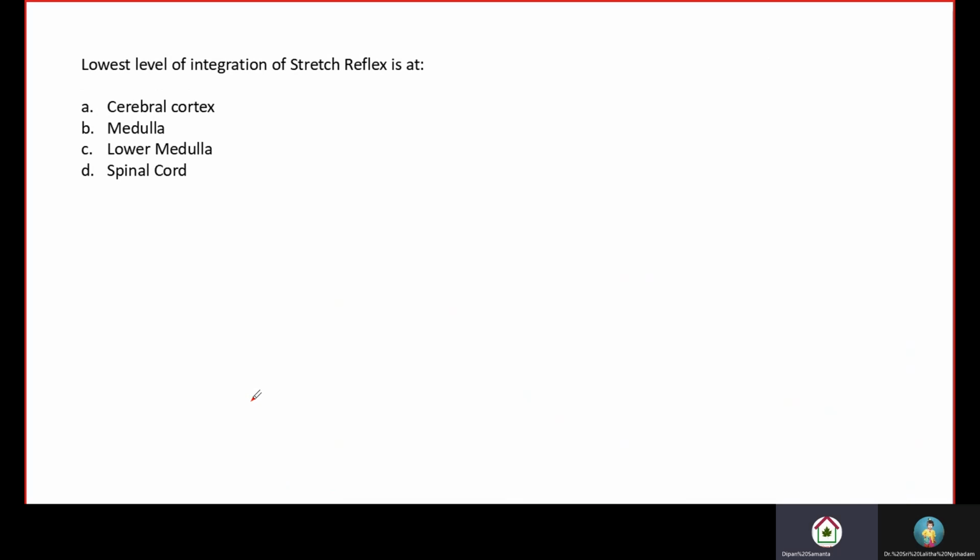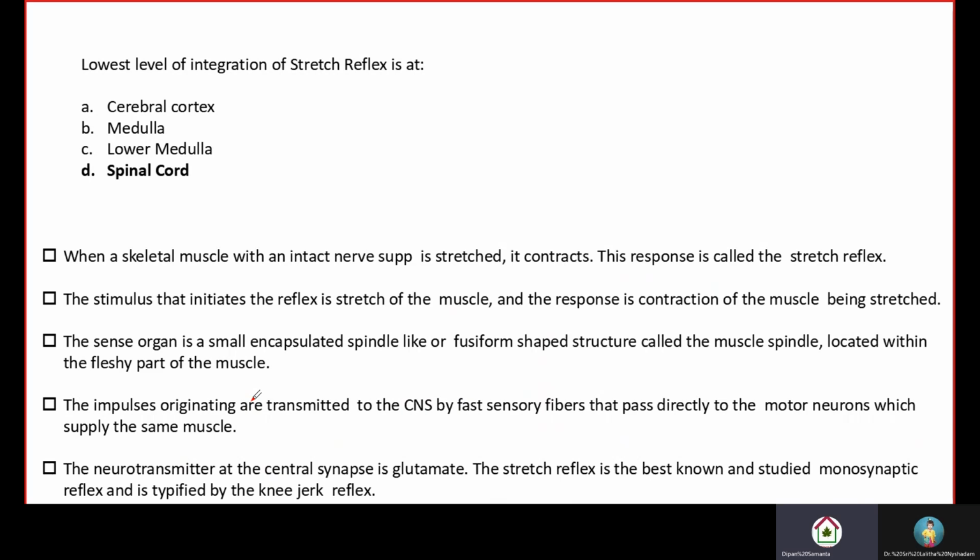Okay. Next question: the lowest level of integration of stretch reflex is at the cerebral cortex, medulla, lower medulla, or spinal cord? When a skeletal muscle with an intact nerve is stretched, it contracts. The response is known as the stretch reflex.